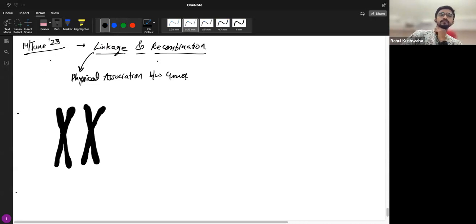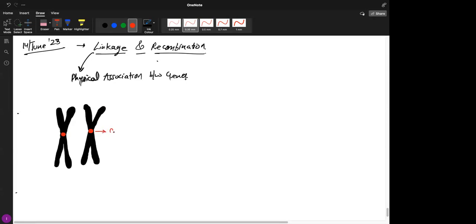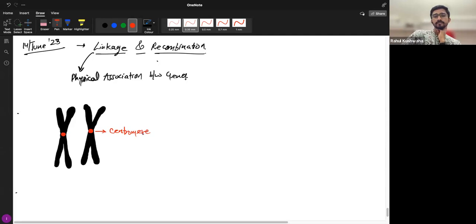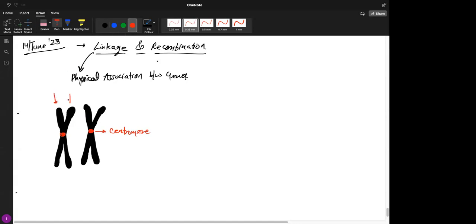Now, in the center of the chromosome, this red dot that I'm making, what is this? This is the centromere. And do you know what is present at the centromere that keeps the two chromatids together?